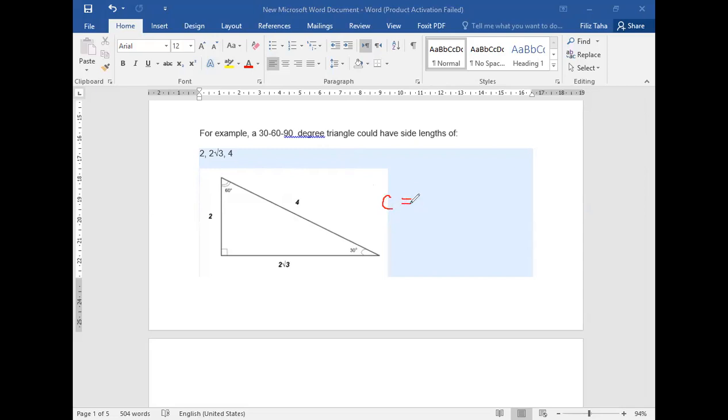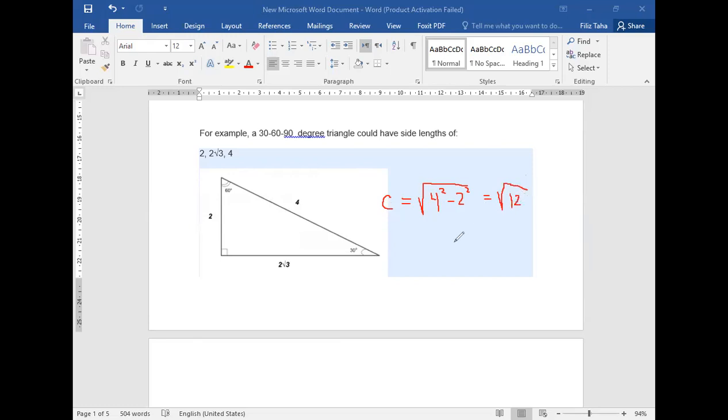So it will be equal to the square root of 4 to the power of 2 minus 2 to the power of 2. It will be 16 minus 4, which equals 12.